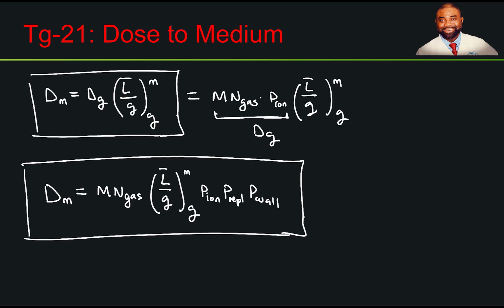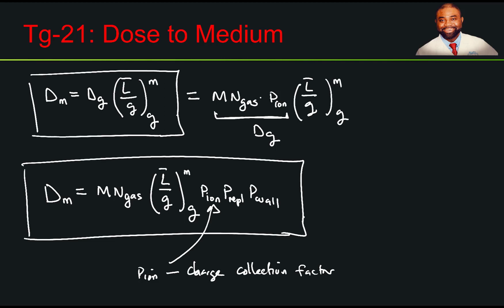Now, P ion is the charge collection factor.